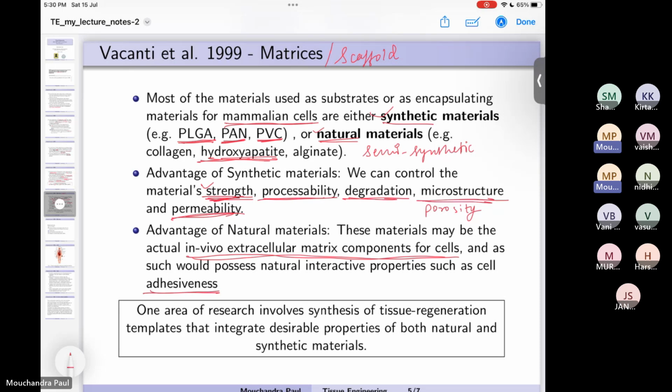So people have to add those properties through small peptides like RGD peptides. They have to put it as a side chain molecule to the entire backbone of a synthetic polymer. So these kind of material engineering things people have to do in order for that material to be compatible with the cell.